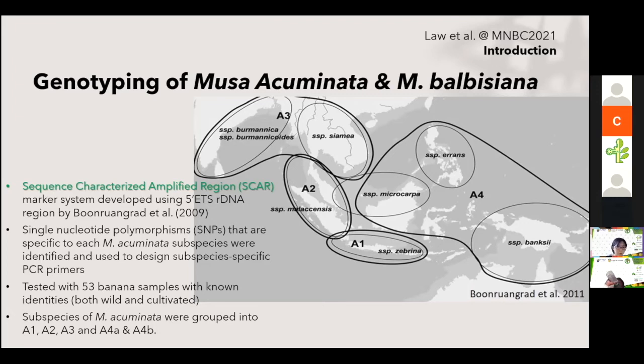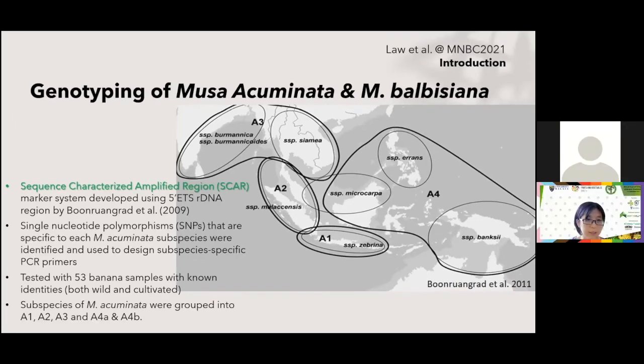Basically, it is the single nucleotide polymorphisms that are specific to each subspecies that were identified, and then used to design the subspecies-specific PCR primers. In their publication, 53 banana samples with known identity, both wild and cultivated ones, were tested.